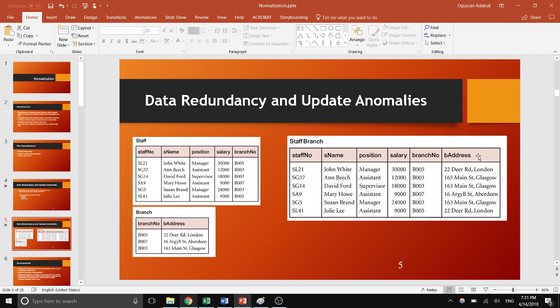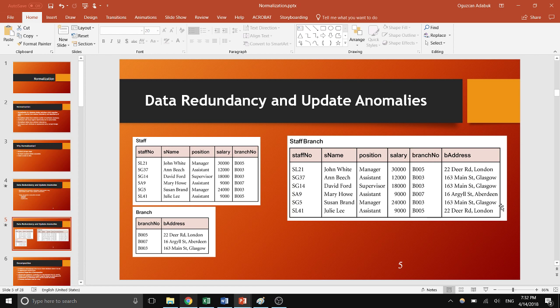Now, this is not good because it causes data redundancy. For example, for both Ann Beach and David Ford, you are storing the address one more time. And then again, for Susan Brand, you also have the address data stored.